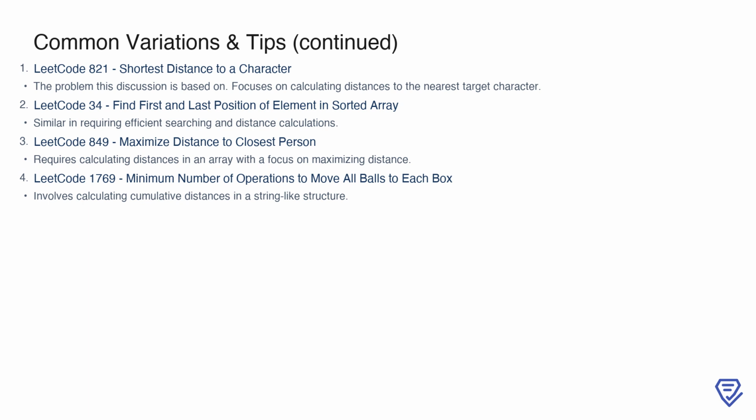LeetCode 849, which is about maximizing the distance to the closest person, shares the theme of distance calculations but focuses on maximizing instead of minimizing distances. Lastly, LeetCode 1769, which involves calculating the minimum number of operations to move all balls to each box, is another problem where cumulative distances within a structure are key. Exploring these related problems can help reinforce the concepts and strategies we've discussed.